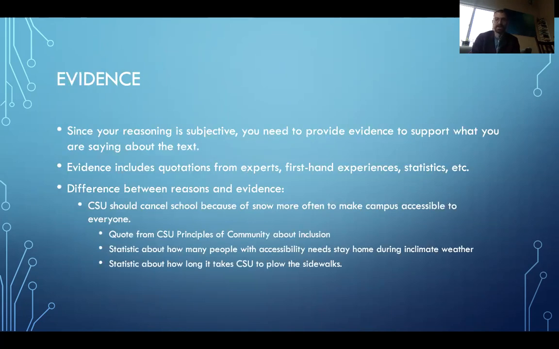Evidence, again, is to support those reasons. Evidence can include quotations from experts, firsthand experiences, statistics, etc. They're generally not big sweeping ideas. They're generally more nitpicky, getting into your sources, giving the specific pieces of information that help to back up your reasons, which help to prove your thesis.